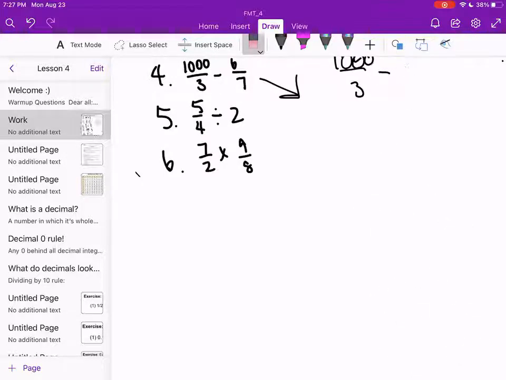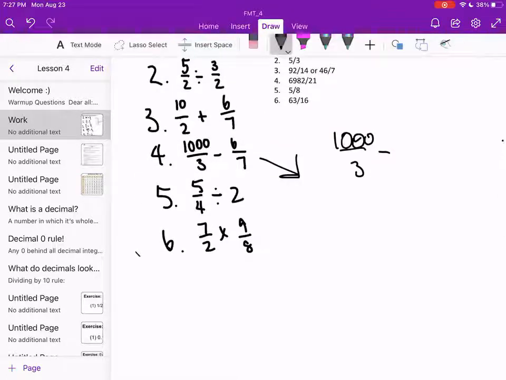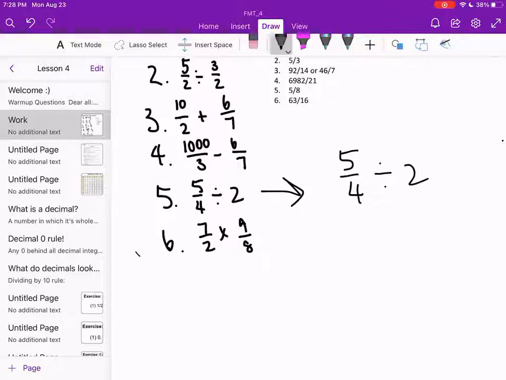So Ivanka, since I'm pretty confident that you know how to do multiplying and dividing by fractions, can you help me solve this problem? Okay, so first, change, right. 5 out of 4 divided by 2, you mean like the whole number 2?